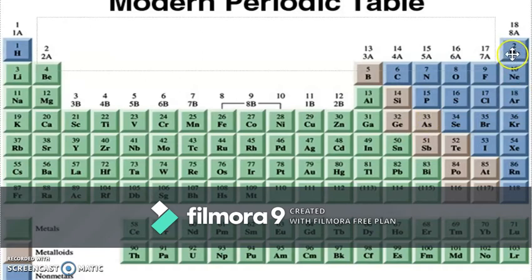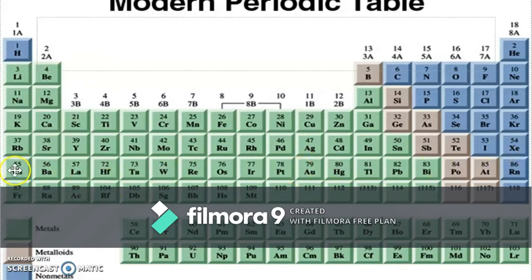Then the first 3 rows are called short rows. After that, the 4th row starts from potassium and ends at krypton. The 5th row starts from rubidium and ends at xenon.